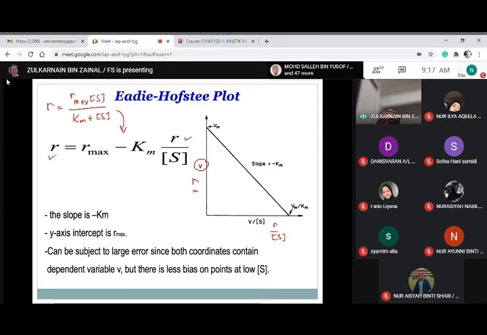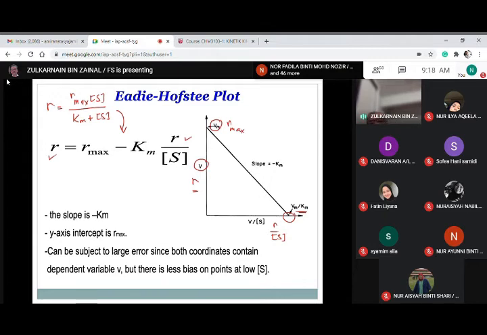From here you can see that this is low concentration, where the value of V over S is high, and then you can get the value of V over Km. Now this is where V equals 0. And then the other one is you can get the value of the maximum rate, Vmax.